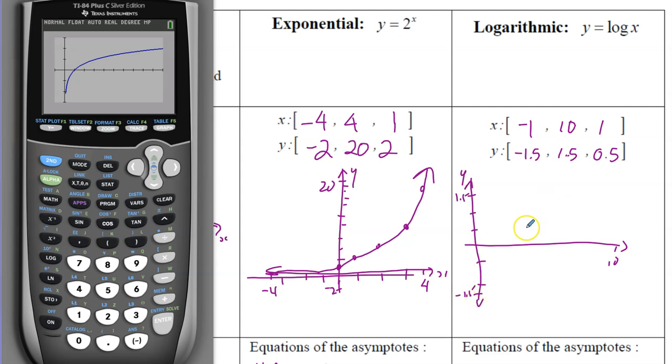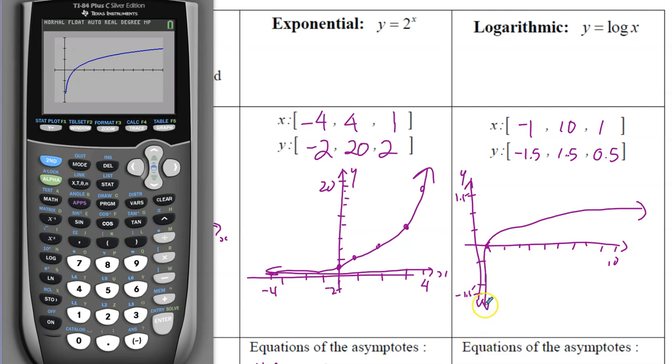And our graph, we've got 1, 2, 3, 4, 5, 6, 7, 8, 9, 10. Our graph actually goes through here. It actually comes up like that, and this side goes down, and then this actually does go along here.